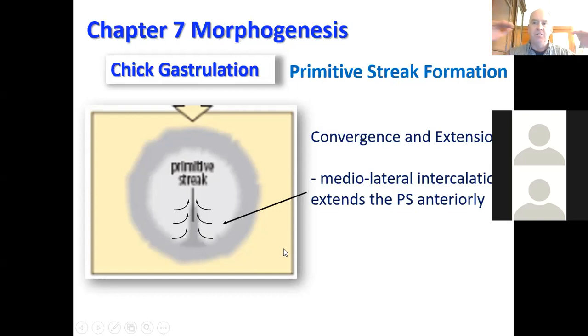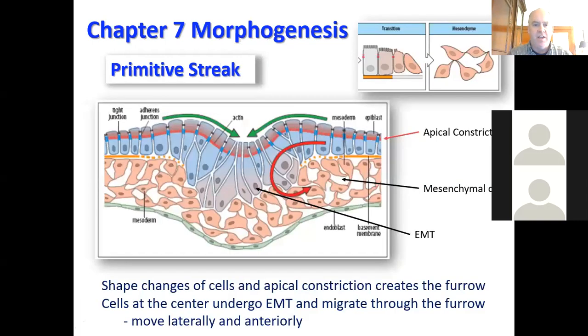So you've got the convergence of the cells at the primitive streak. And once they get there, you get shape changes. So cells become, you know, the apical side squishes in, and the other side squishes out. So now you've got a differently shaped cell, and that causes it to form the groove of the primitive streak.